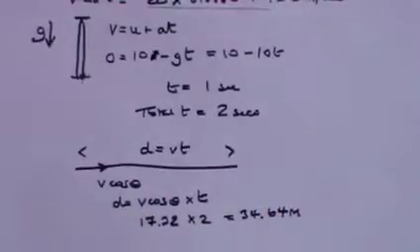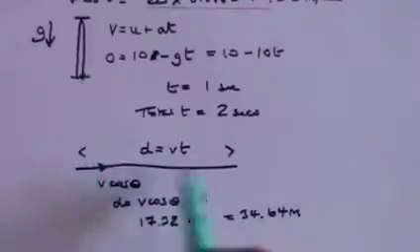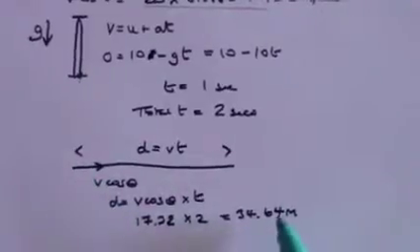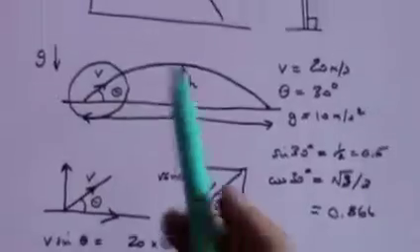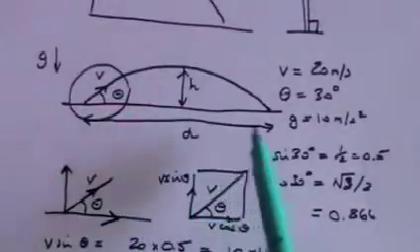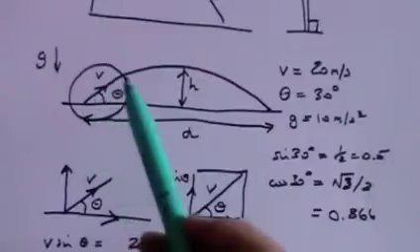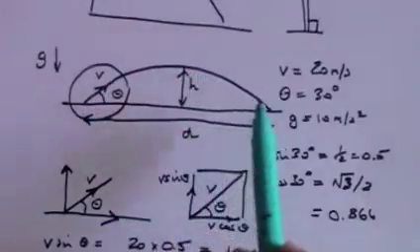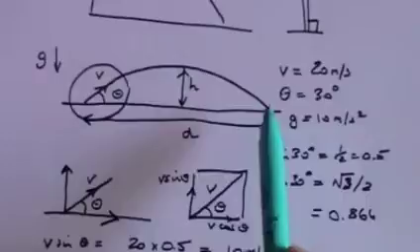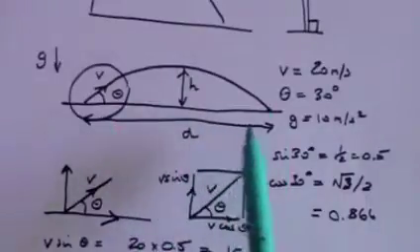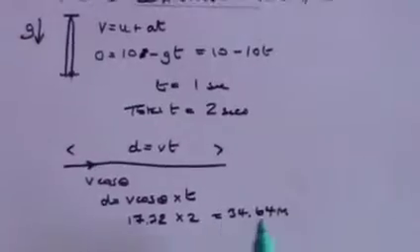So that tells you that the ball will go a total distance of 34.64 meters as its range here, because in the 2 seconds the ball goes up and comes down, and after 2 seconds the ball has travelled this distance, which we just calculated as 34.64 meters.